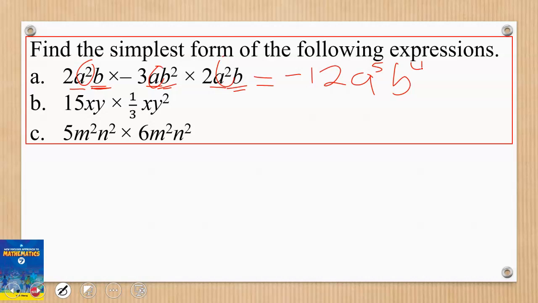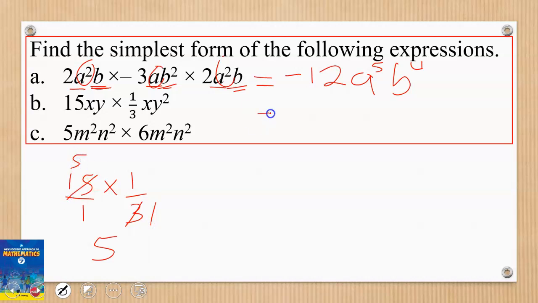Then look at the next one. The next one is 15xy times 1/3 xy squared. Now for 15 times 1/3, we know multiplication of a fraction by a whole number. We can do cancellation, or we can multiply the numerator and the denominator. 3 can divide 15 as 5.